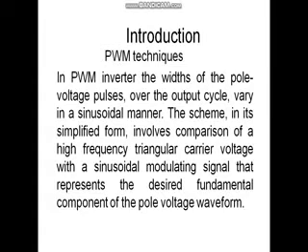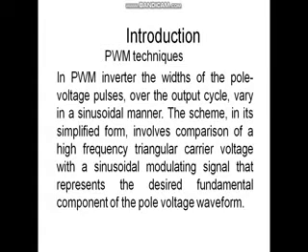In this chapter we discuss the pulse width modulation technique and how the voltage can be controlled. In a pulse width modulation inverter, the width of the pulse, that is the applied gate voltage, varies over the output cycle in a proper manner.